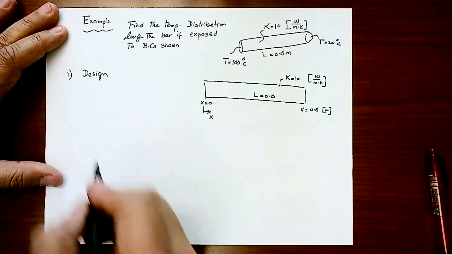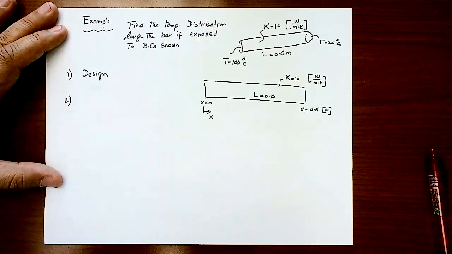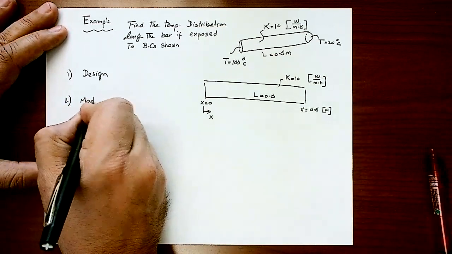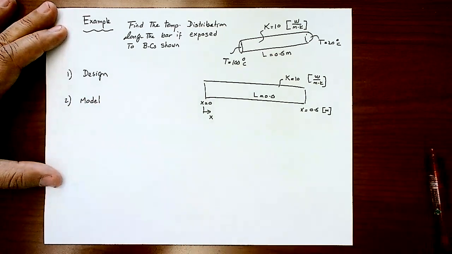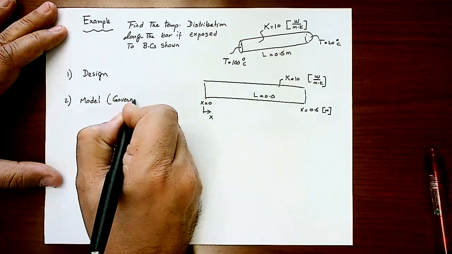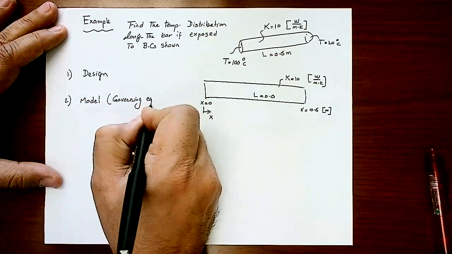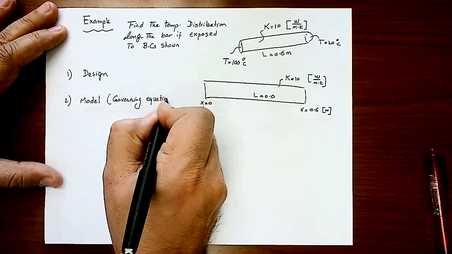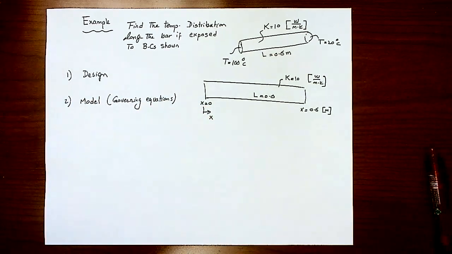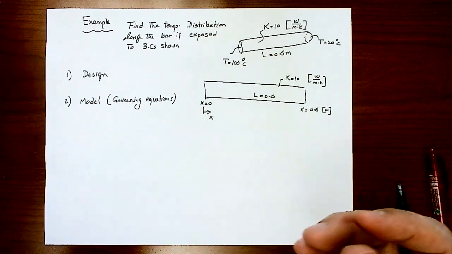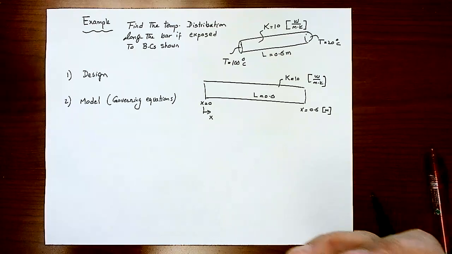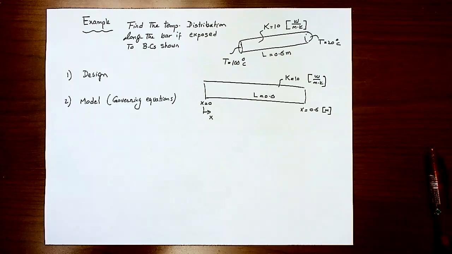What should be the next step? Next step in the approach to solving a problem is to select your model. What's my model? It is the governing equation, or equations, depending on the problem. This is a simple heat conduction problem. And if you go back and review your background about heat transfer, you will find that there is a very famous equation called the heat equation.